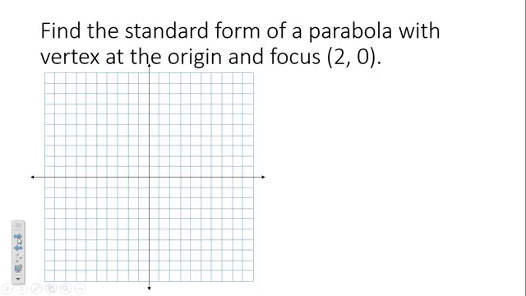So vertex at (0, 0), focus at (2, 0). We already immediately know quite a bit about that parabola. If the vertex is at (0, 0) and the focus is at (2, 0), it's going to open right, isn't it?